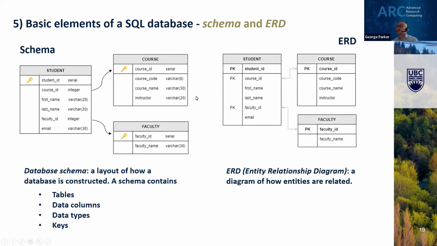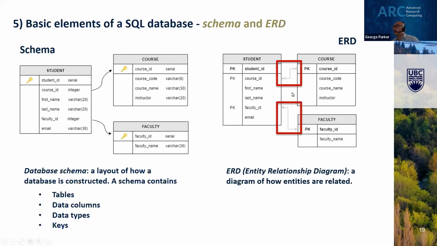Then we have something called an ER diagram. An ER diagram is a diagram that shows how entities within each table are related, if any. In this example, the student table is linked to the course table through this course ID, and the student table is linked to the faculty table via this faculty ID.